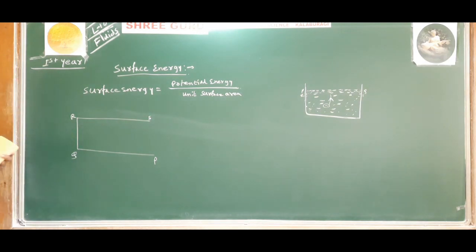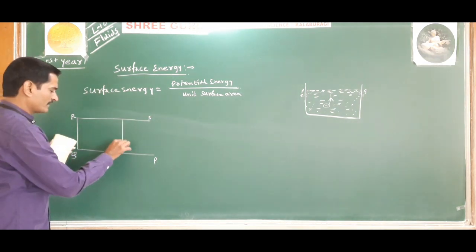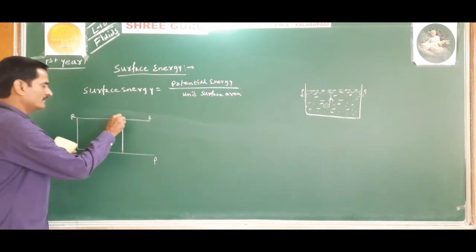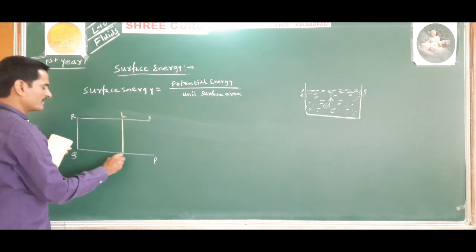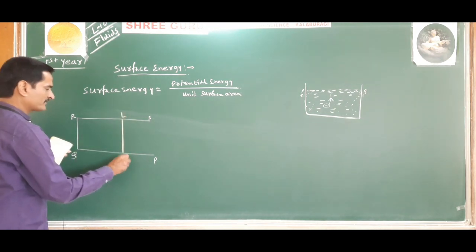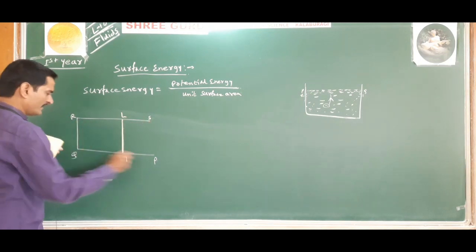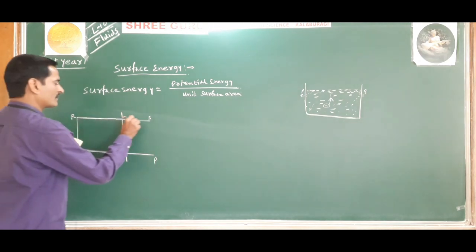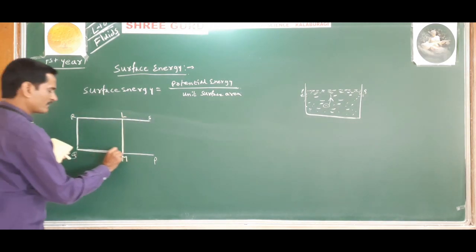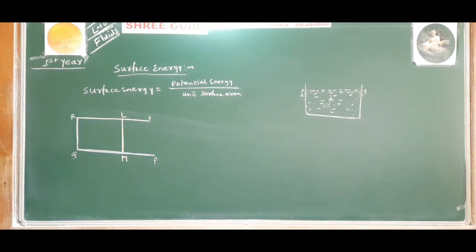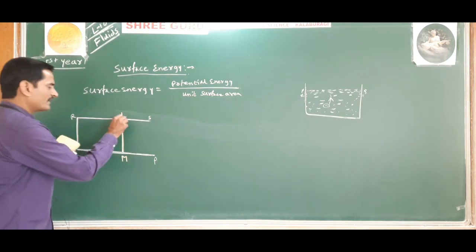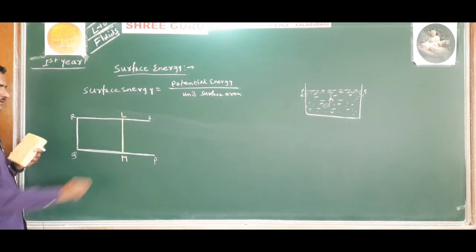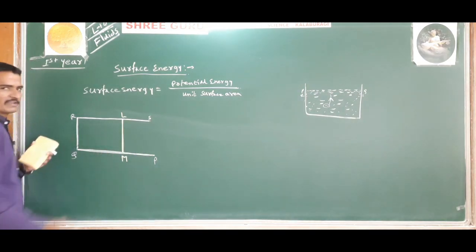Let us consider a very thin rectangular frame PQRS. On this rectangular frame, the side LM is movable. It is also a thin wire and it is movable.